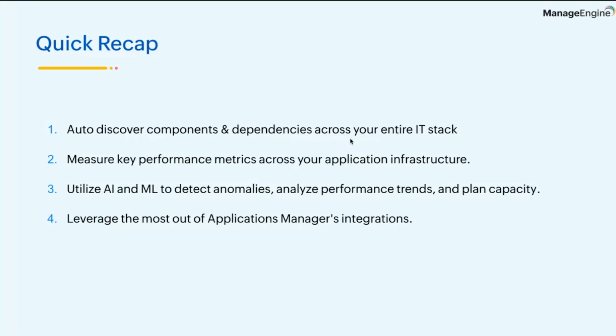We saw how Applications Manager currently supports an agent-based server monitoring tool for Windows as well as Linux. We also saw how Applications Manager utilizes AI and ML to detect anomalies, analyze performance trends, as well as plan capacity. And lastly, we saw how Applications Manager seamlessly integrates with ITSM tools, analytics tools, etc., in order to help you manage your infrastructure seamlessly.